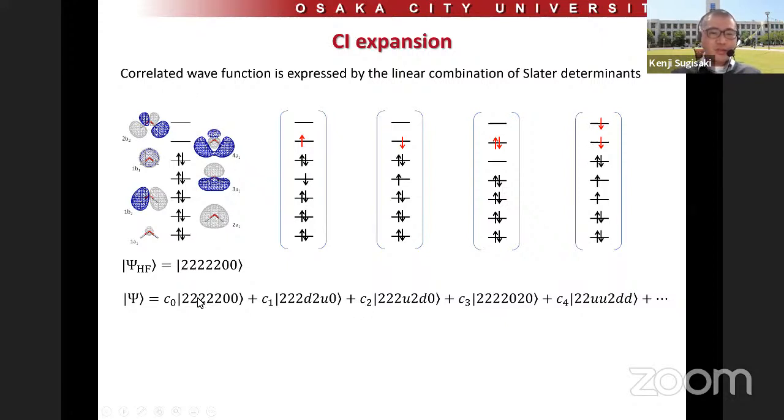So the wave function is basically represented by a linear combination of these Slater determinants. This linear combination of Slater determinants is actually a quantum superposition state, so we can express the correlated wave function as a quantum superposition state.